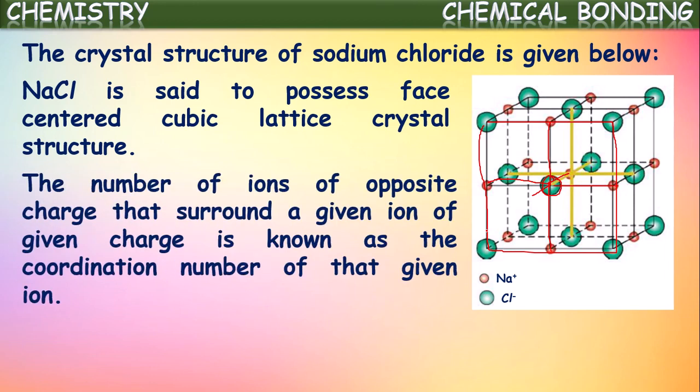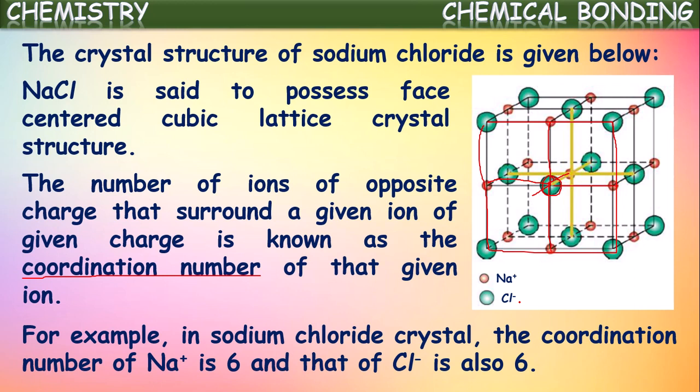The number of ions of opposite charge surrounding a given ion is known as its coordination number. So the coordination number of sodium in this crystalline structure is 6. In the same way, the coordination number of chlorine is also 6, because each chloride ion is also surrounded by 6 Na+ ions.